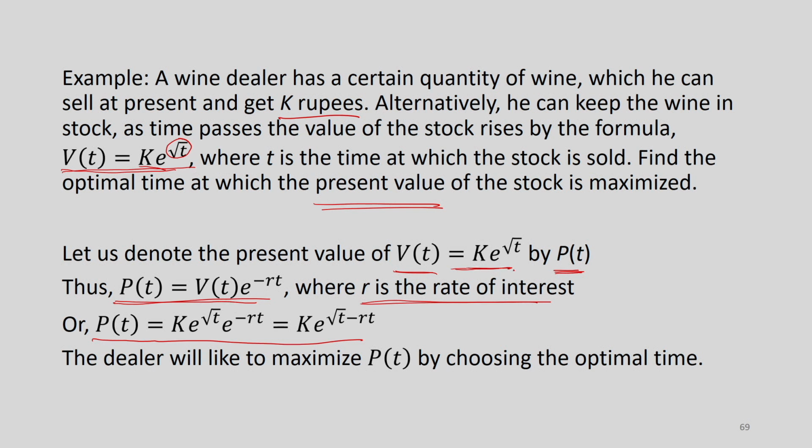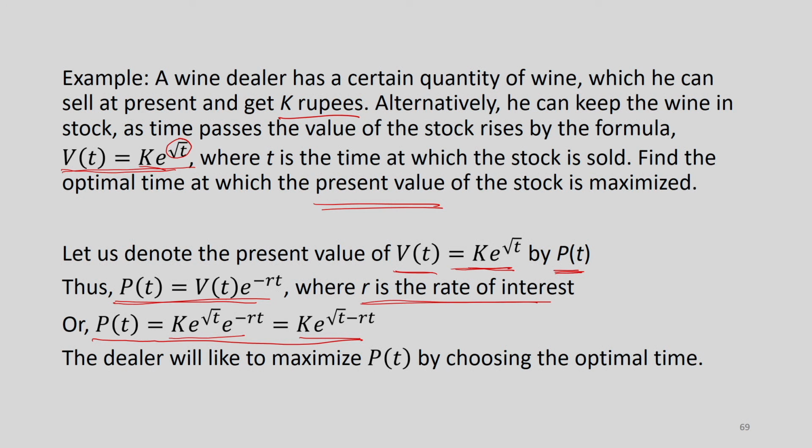Vt is given by k multiplied by e to the power root over t. We write it here and we get this expression: Pt is equal to k multiplied by e to the power root over t minus Rt. So, we have found out the present value.